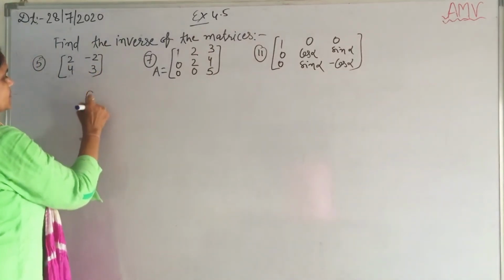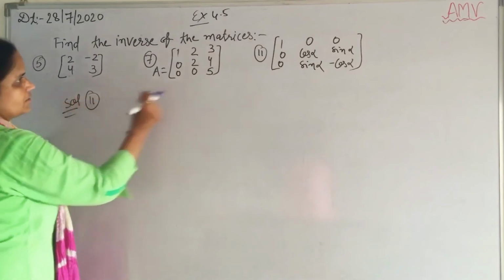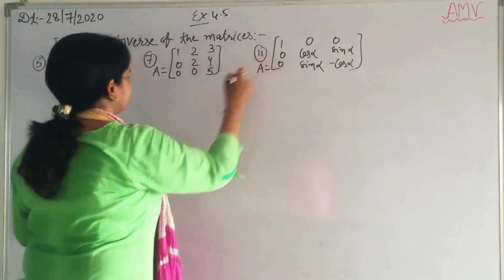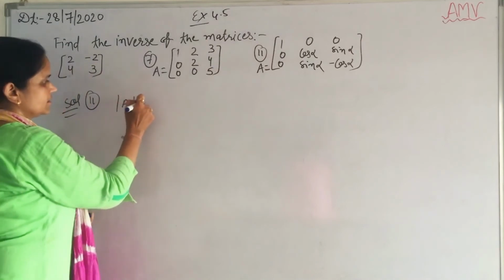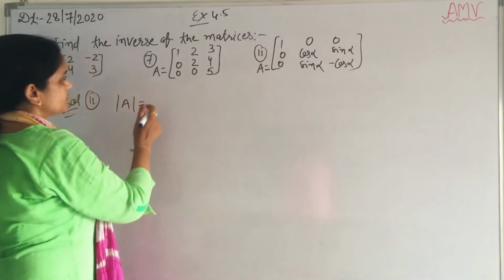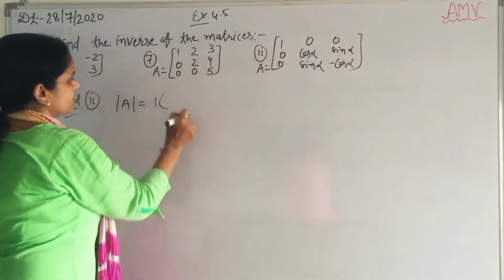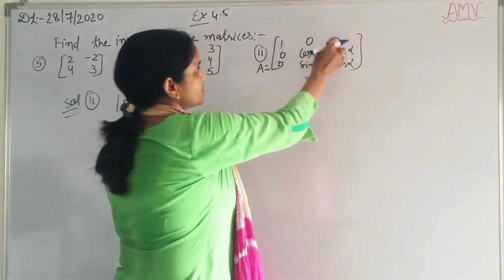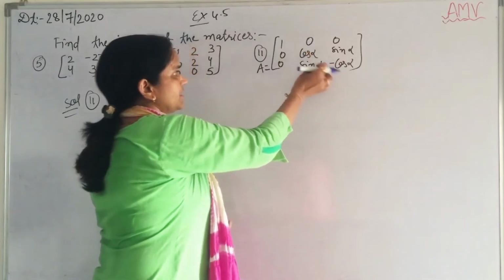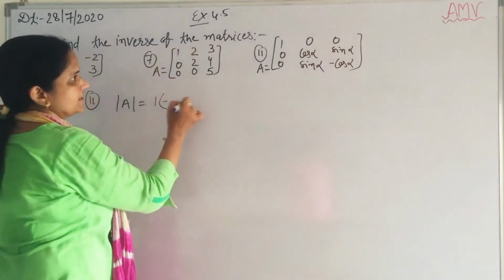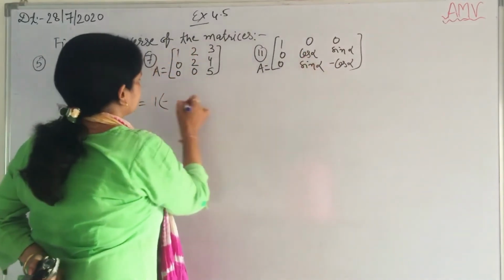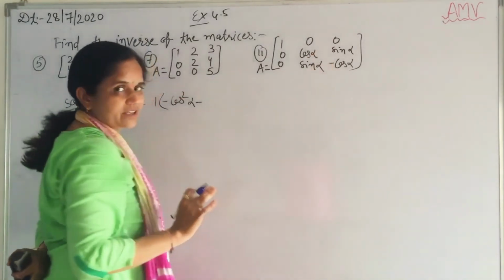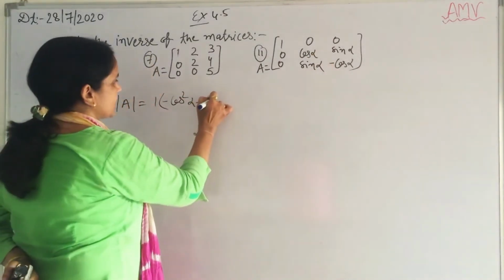Now solution of question number 11. It's A. Then first find the value. Okay, students. So if I expand along the first row, then first row, first column will cancel and it will be multiply minus cos square alpha, and it is sin alpha into sin alpha, sin square alpha, and sin is a negative.